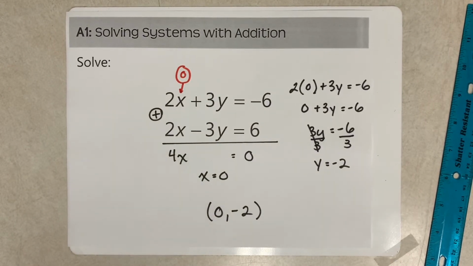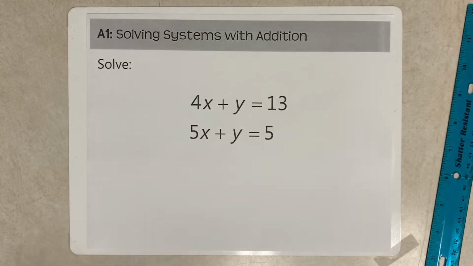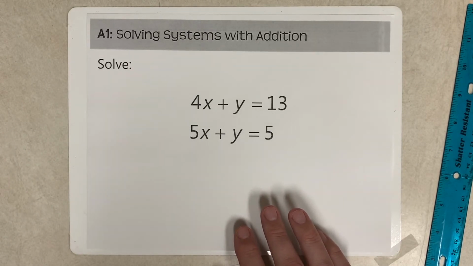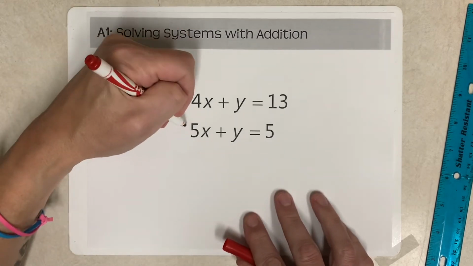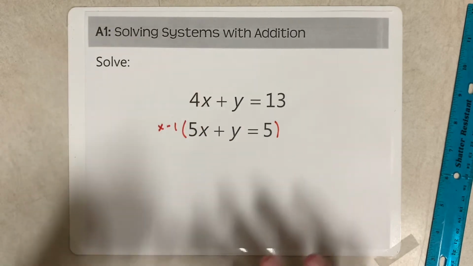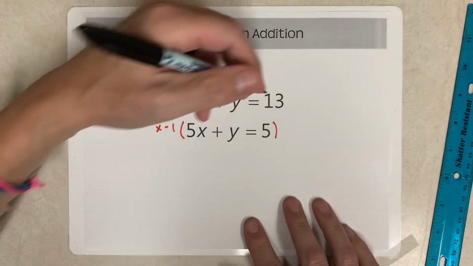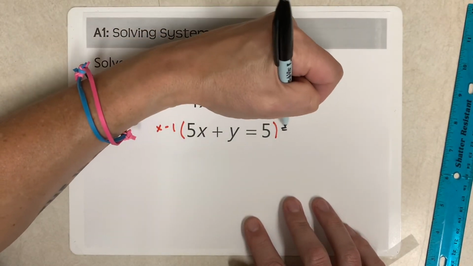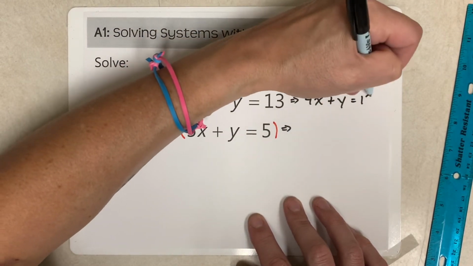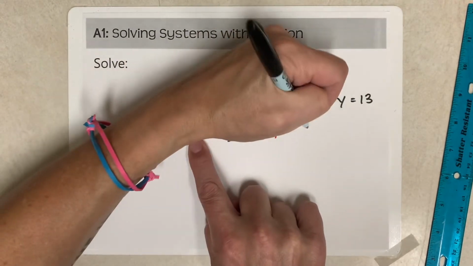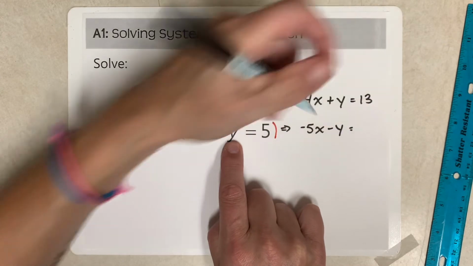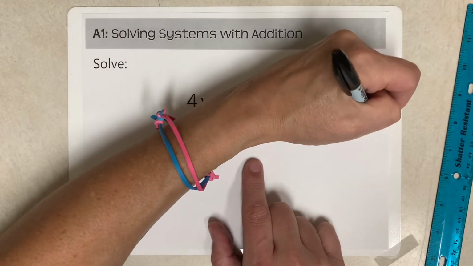All right, here we have another one. This one looks like I'm going to have to take that bottom one and multiply by -1 to get the y's to cancel. So here we go. The top one stays: 4x plus y is equal to 13, but the bottom one is now -5x minus y equals -5.